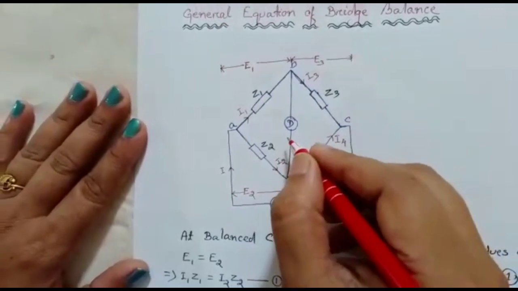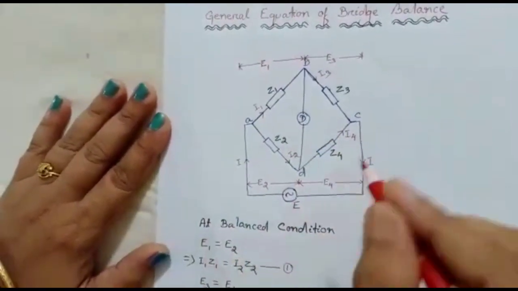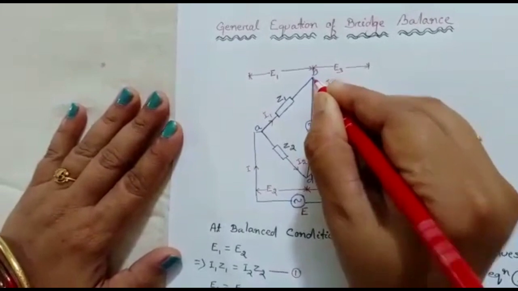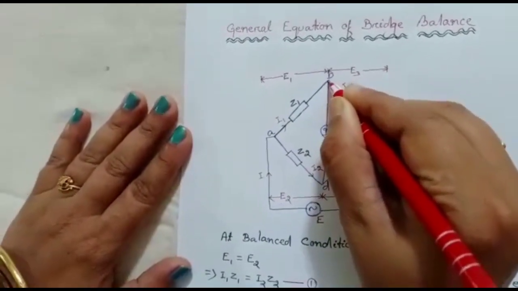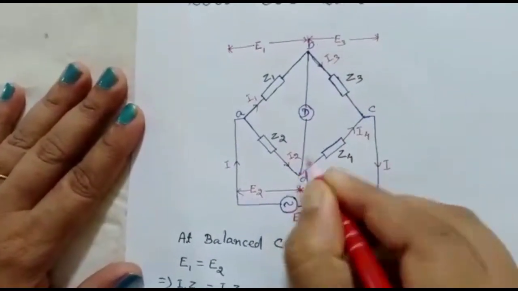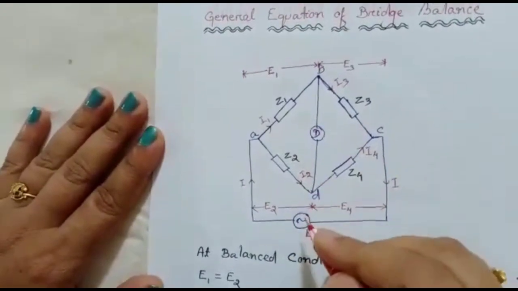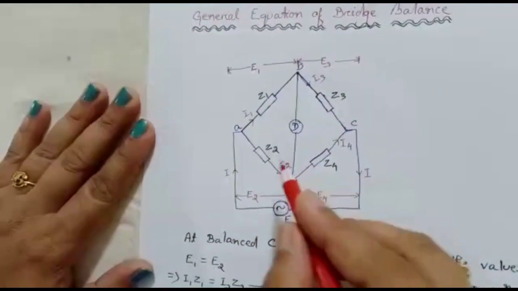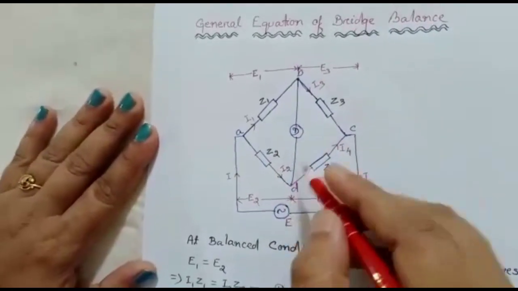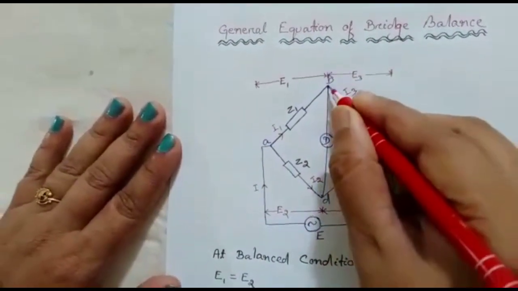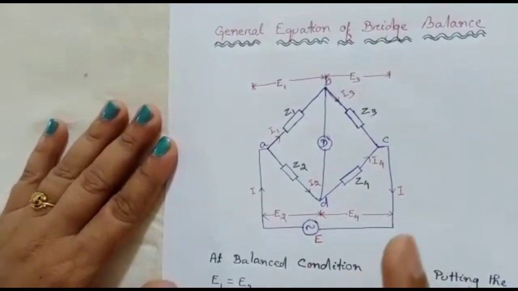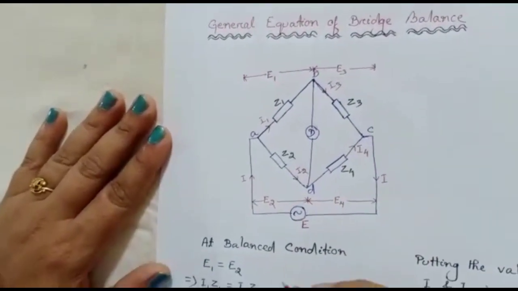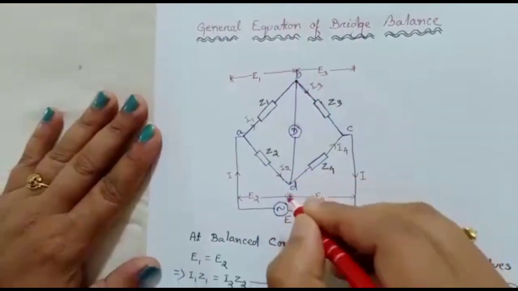But for our bridge balance condition, the detector potential, meaning the potential between points B and D, must be equal to 0, meaning B and D should be at the same potential. That's why we have to connect the detector between points B and D. This is the first balance condition: potential of B and D must be the same.